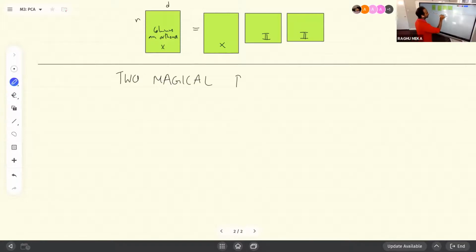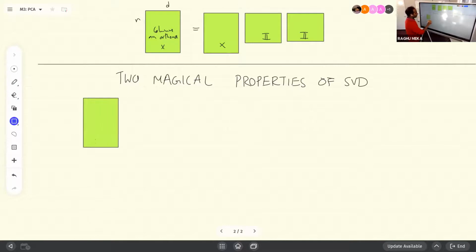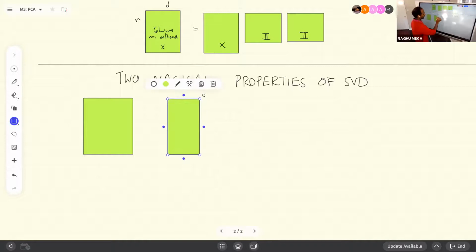Two magical properties of SVD. Okay. So the first thing we'll do is, suppose I have my x, I write it as, I take a singular value decomposition.